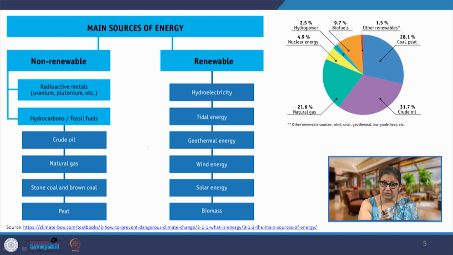The main sources of energy can be classified into two main baskets, one which is non-renewable and the other renewable. Very clearly, I do not have to go into detail over what is renewable and what is non-renewable. A non-renewable resource is one which, when consumed, is going to waste, changing its form and rendered unusable henceforth, and nature cannot renew it within a short span of time.